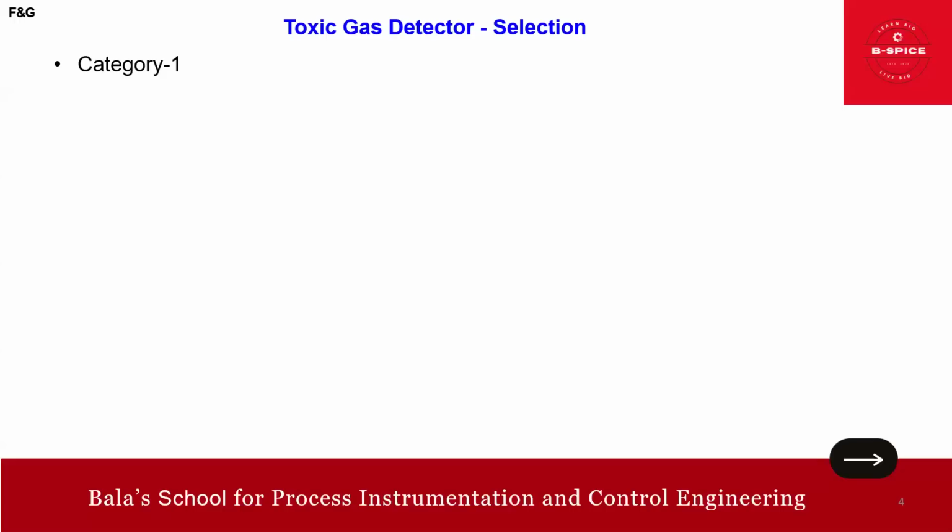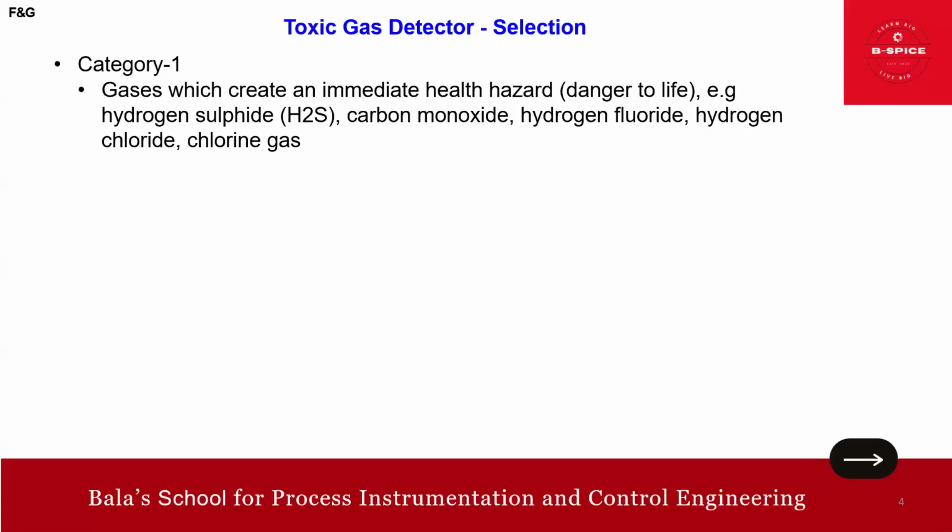So I want to give you an outline of toxic gas. We can have two categories for toxic gas. One is category one: gases which create an immediate health hazard, like danger to life.